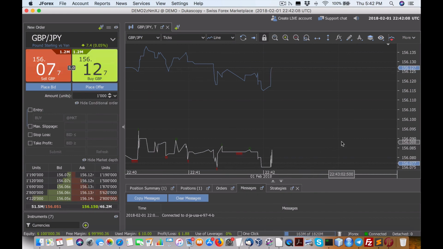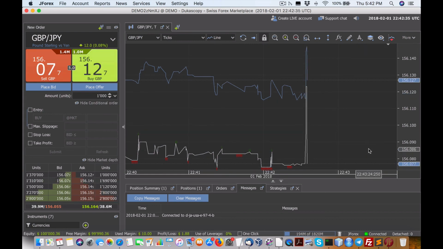Now, at what point does it draw that fractal? See, with this fractal, if the price is already moving up, then it defines it. Let's see. So that's what it sets as the lower price at 156. Whoa.